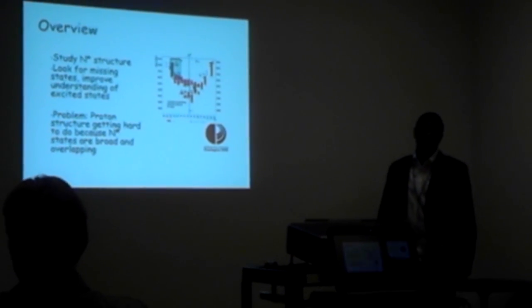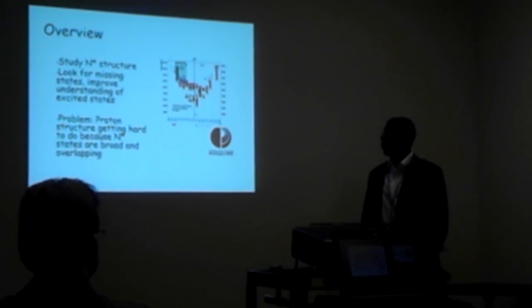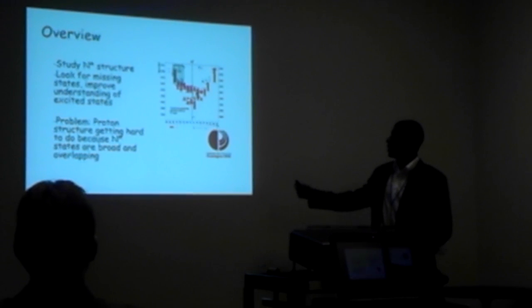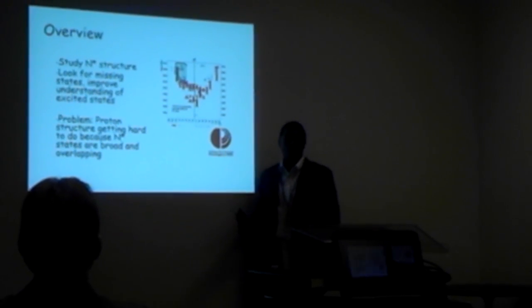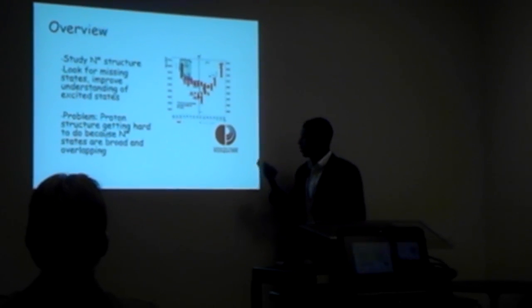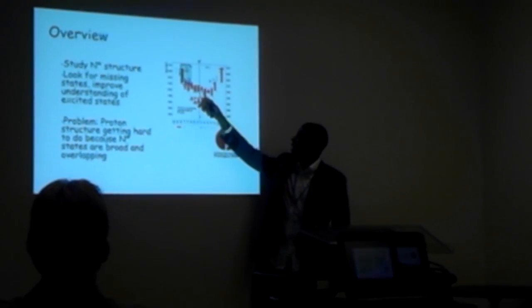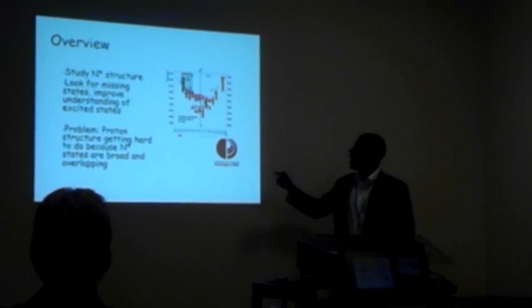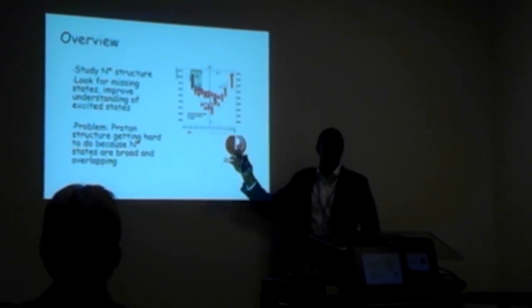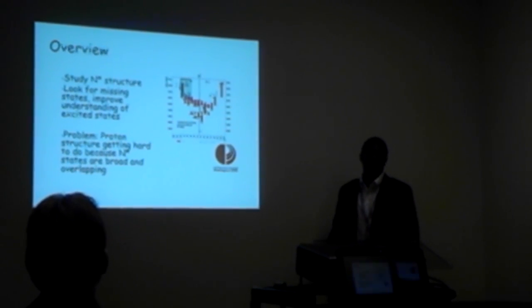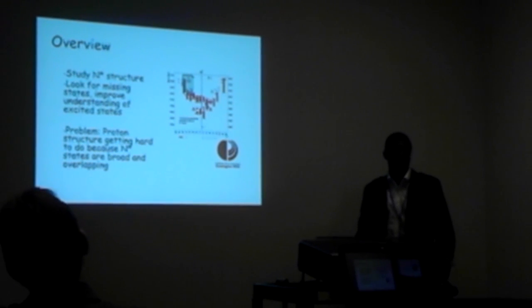But the problem is the proton structure is getting hard to study because the nucleon states, based off this graph, are broad and overlapping. The black dots are the theoretical data, and the red capsticks are the experimental data. So based off the overlapping, it gets pretty difficult to understand which states are which.